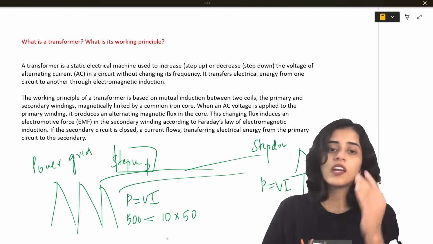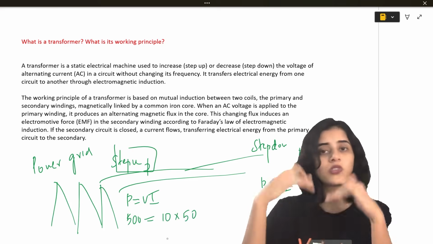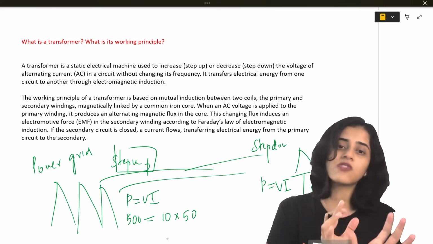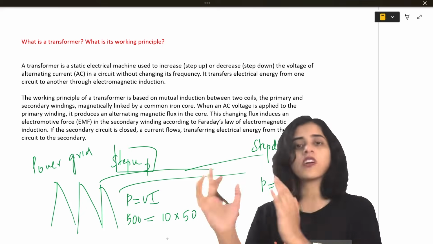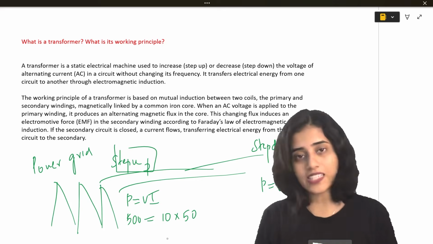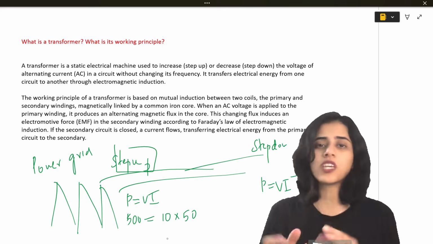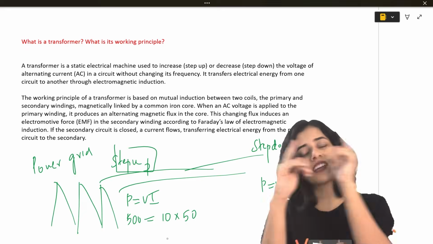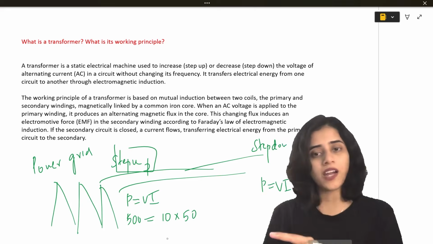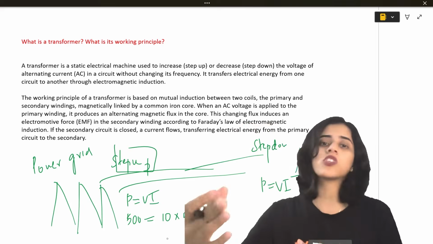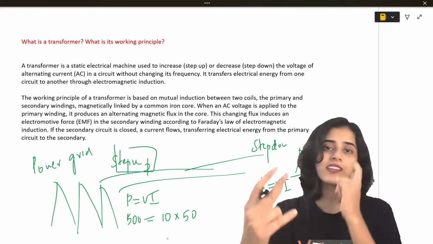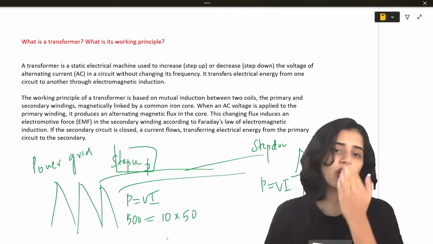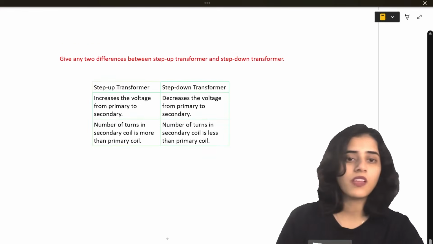You interchange: you increase voltage to 50 and reduce current to 10. So total power is still 500. Then you transmit over a long distance. Since current is less, it won't produce heating, so no energy is lost. When it reaches your house, it goes to the step down transformer where it's converted back to the original. Voltage is reduced, current is increased, and then it is taken to your house.